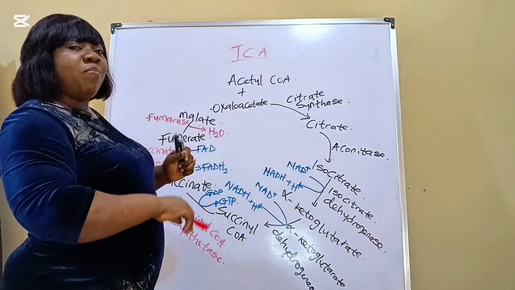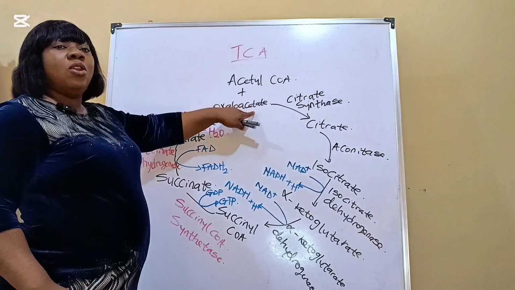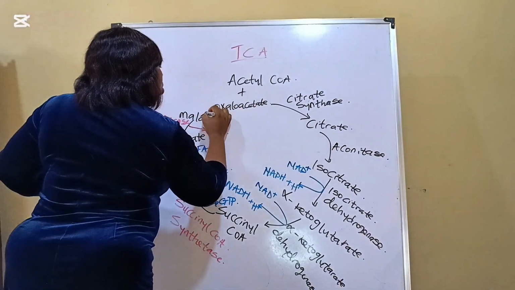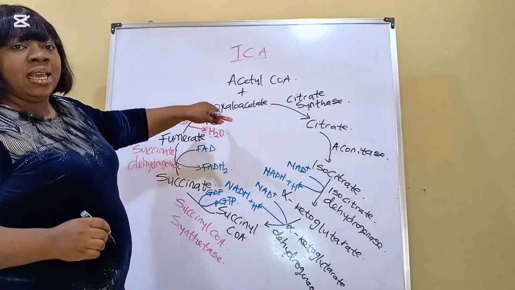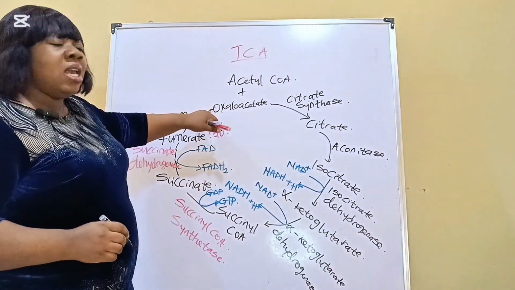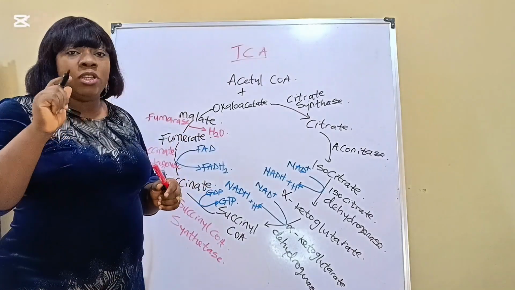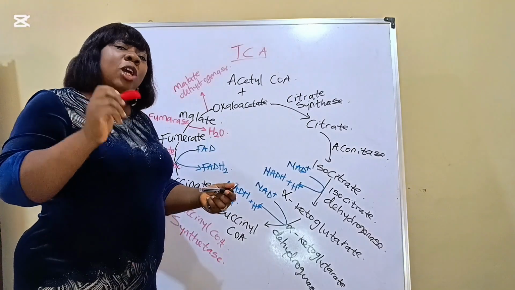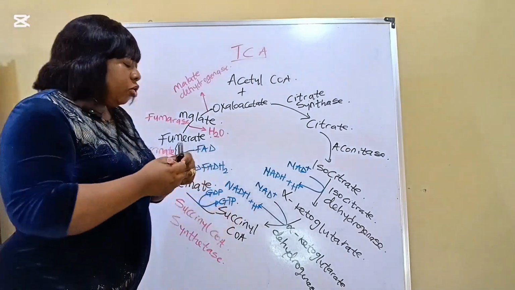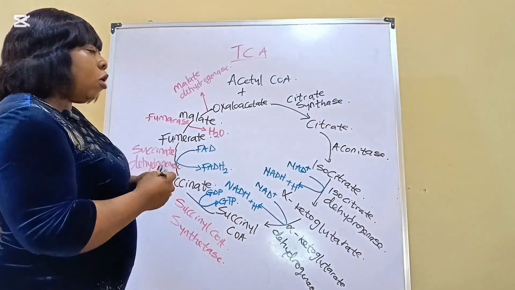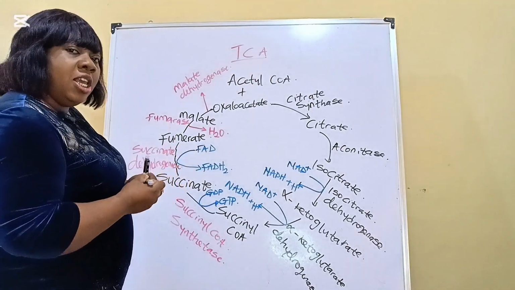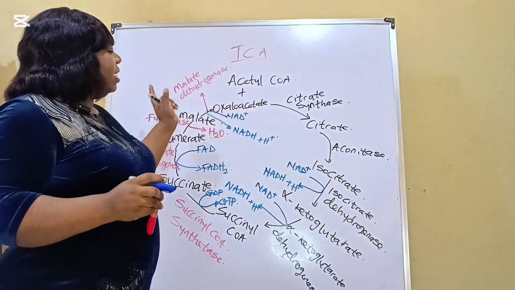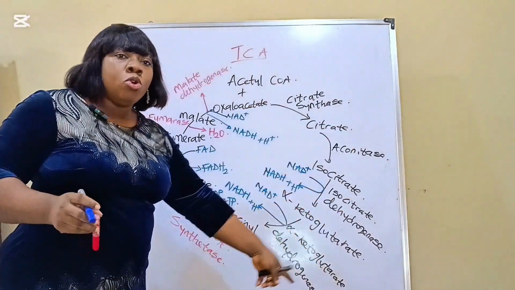Our malate will now be converted back to where we started from, which is oxaloacetate, and the enzyme that will catalyze this reaction is malate dehydrogenase. In this reaction also, there is production of another electron carrier. So NAD plus is used up to give us NADH. After getting our oxaloacetate, the cycle can now continue to revolve.